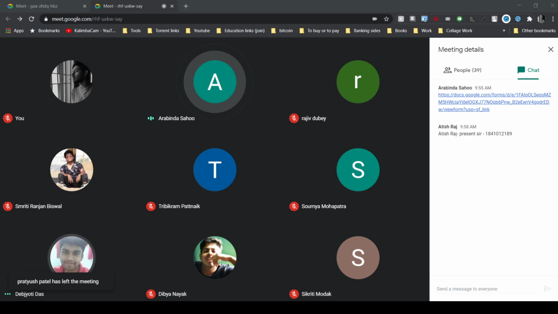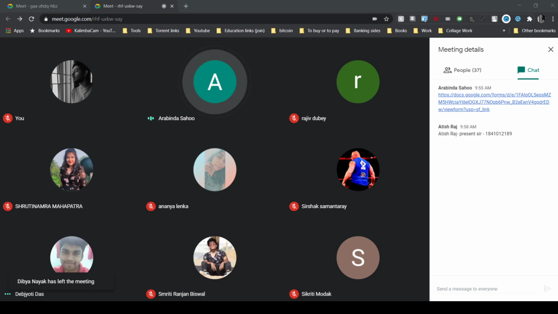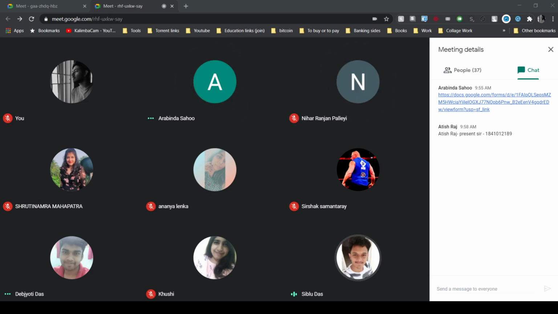Shirshak Samantray, yes, sir. Ananya Lenka, present, sir. Shruti Namra Mahapatra, present, sir. Khushi, present, sir. Niya Ranjan Pallai, present, sir. Shiblu Das, present, sir.